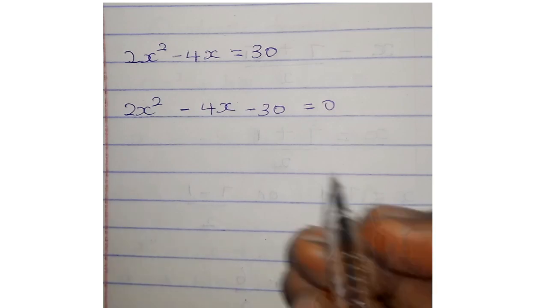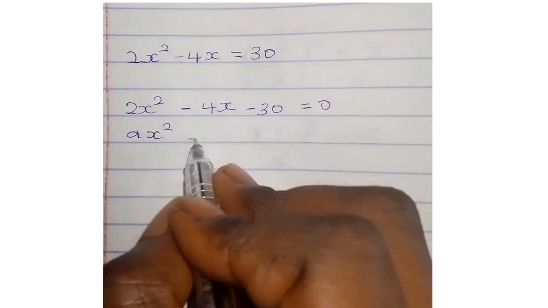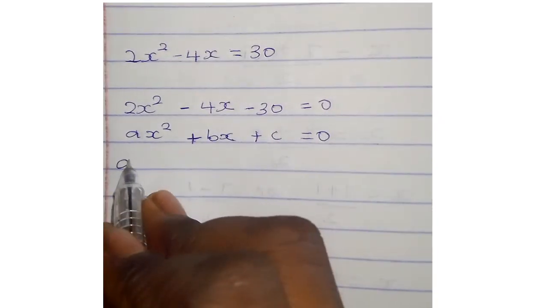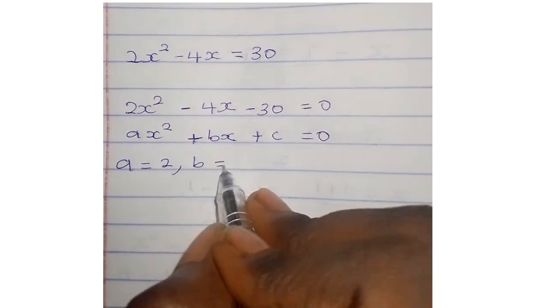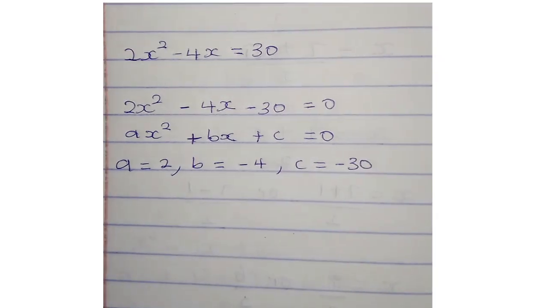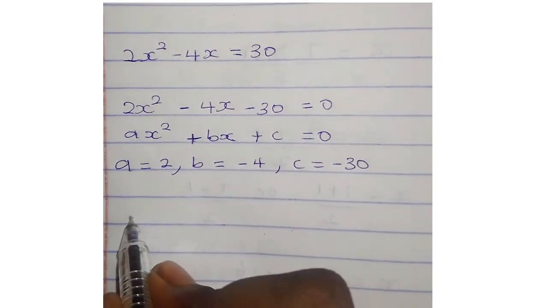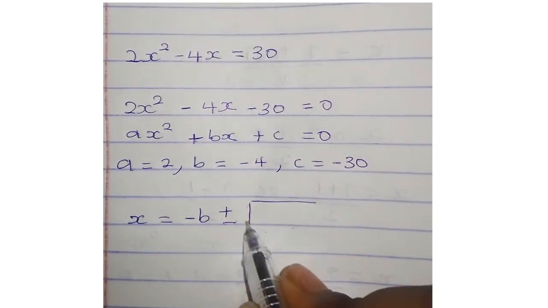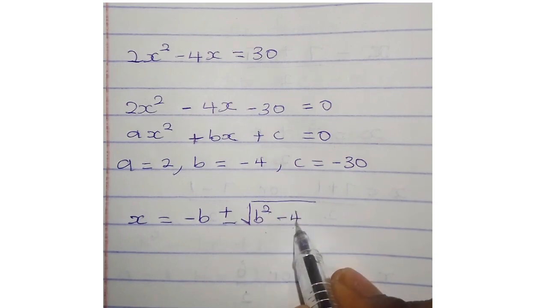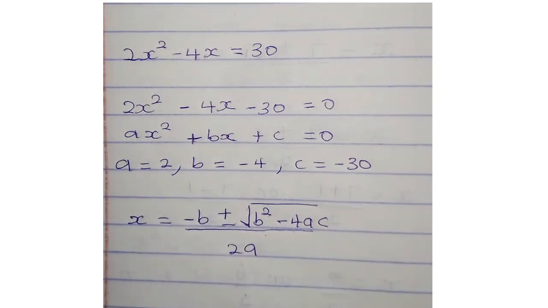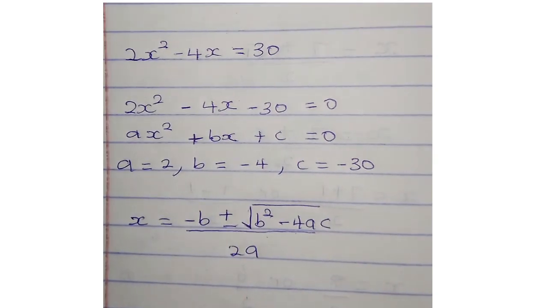Now using the form ax squared plus bx plus c equals 0, our a is equal to 2, our b is equal to -4, and our c is equal to -30. Our formula is x equal to minus b plus or minus the root of b squared minus 4ac, all over 2a.